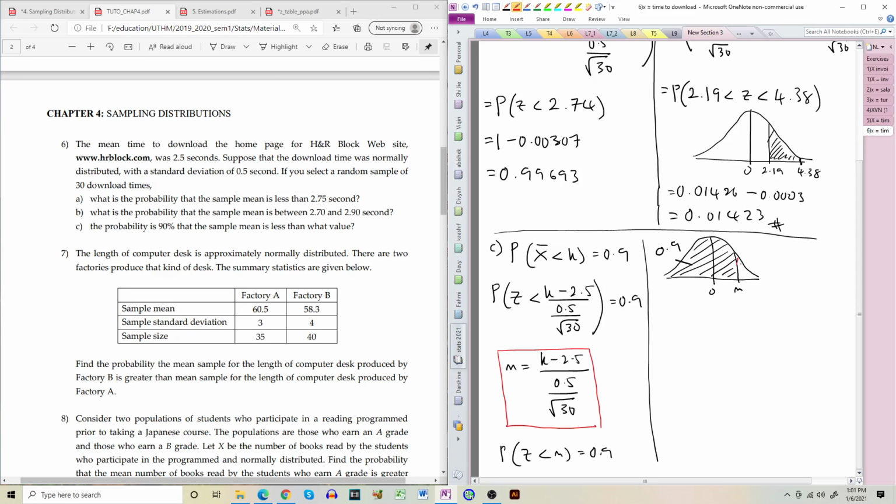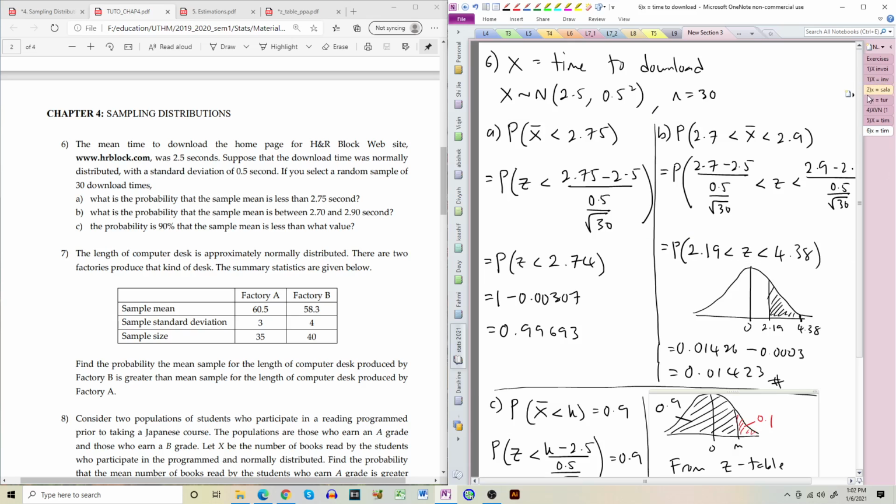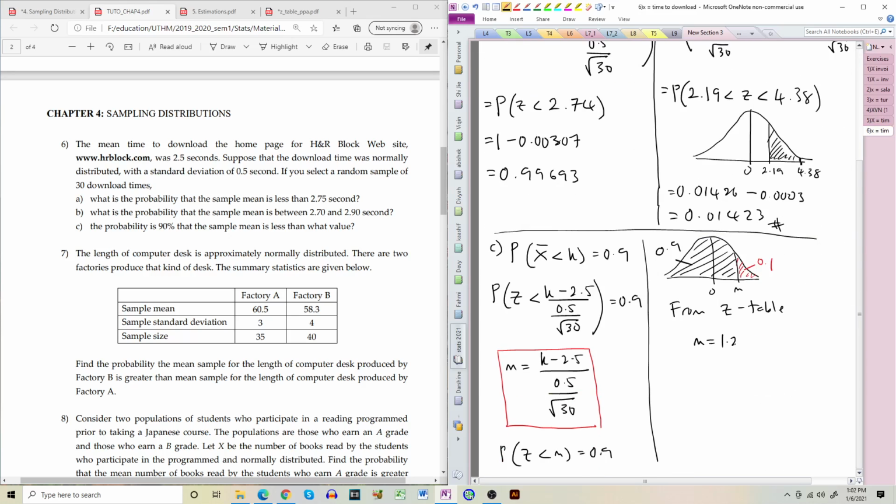This one would be 0.1. So from the Z table, m is, I think we have this in the previous question, it's almost the same, 1.28. k minus 2.5 over 0.5, with some algebraic computation we will get 2.62.